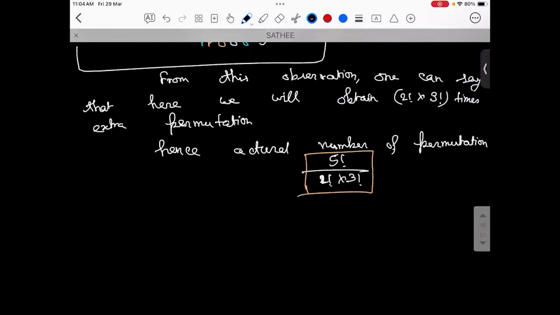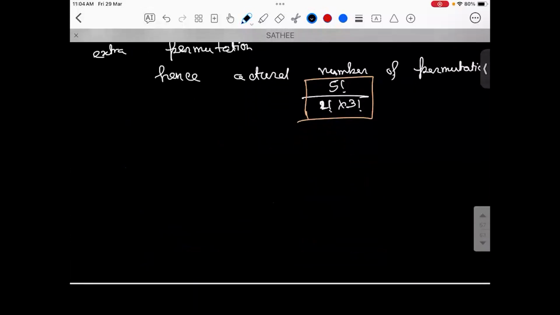So let us state the theorem again today. I hope you are clear about the proof of this theorem. You can repeat these steps again and again, and by the induction hypothesis, one can prove this theorem.